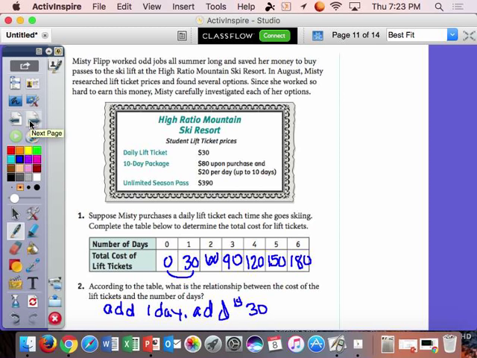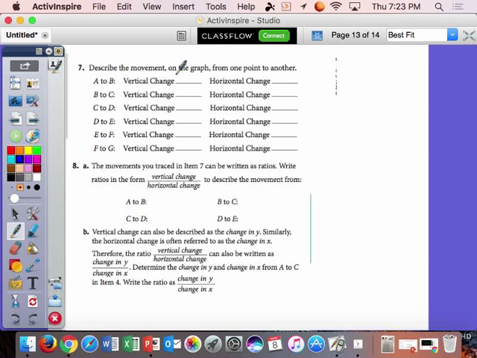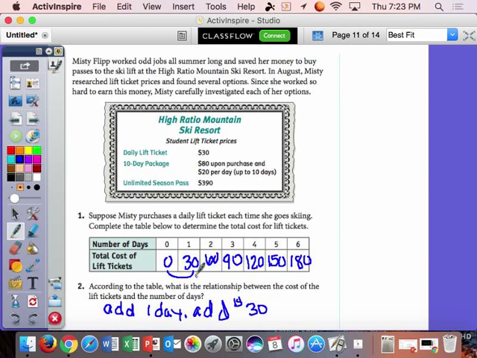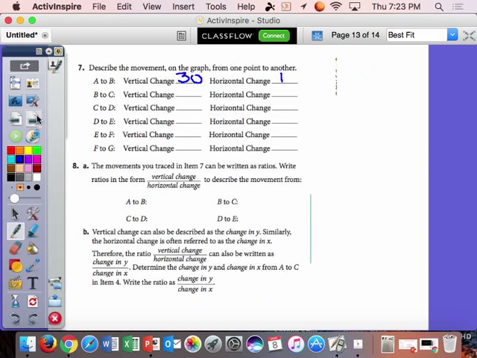How much does it go up or down? 30. Nice. And how much does it go left to right? 1. What about from B to C? So from here to here, what happens? Another 30 again. Good. And here, 1.